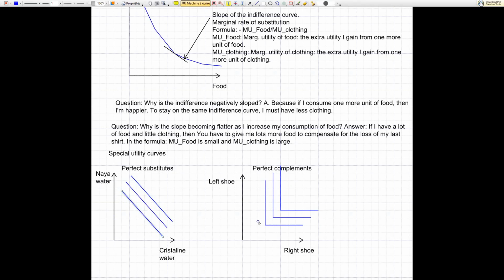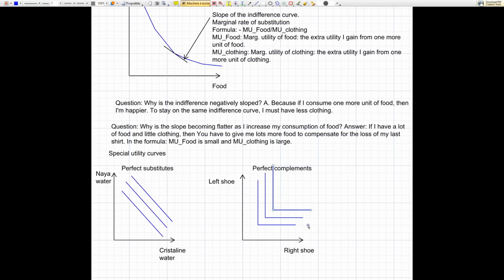So here, what do these indifference curves mean? Imagine I have the same number of each. So imagine I have two pairs. I'm here: I have two right shoes and two left shoes. Now you give me one other right shoe. Does that make me happier? No, because I can't use it. You give me 10 more right shoes, I don't care.